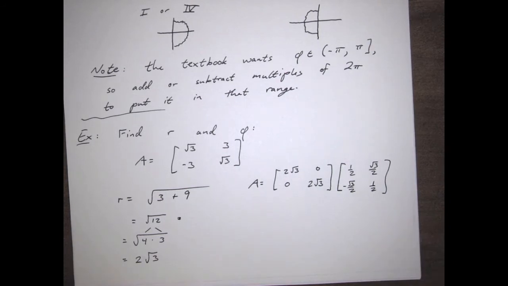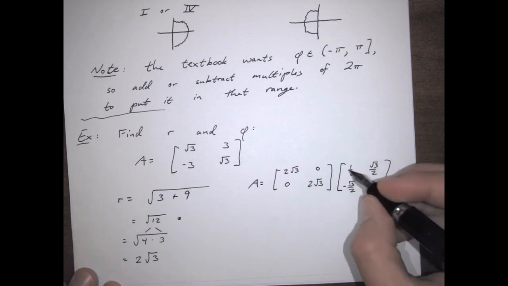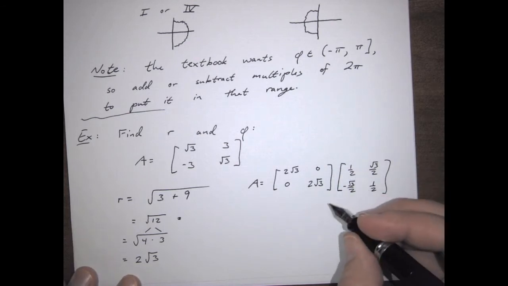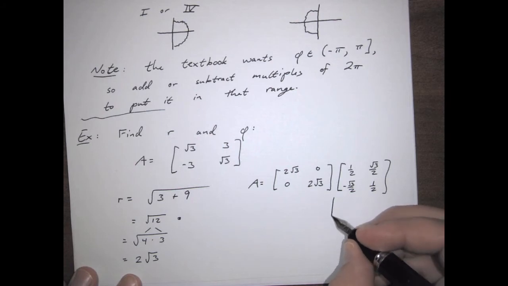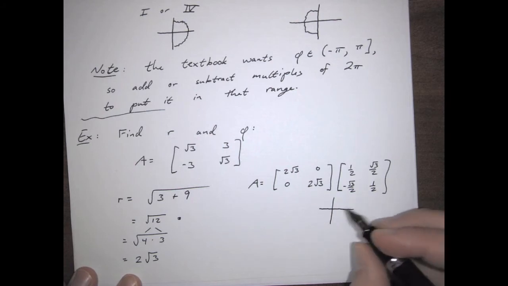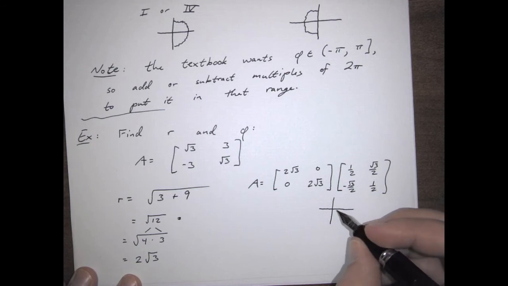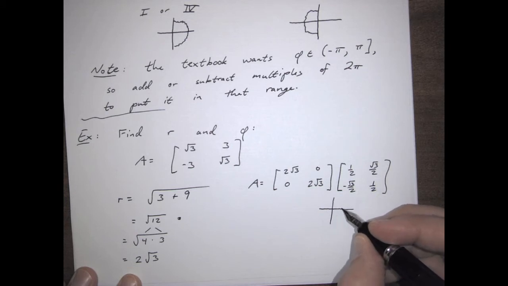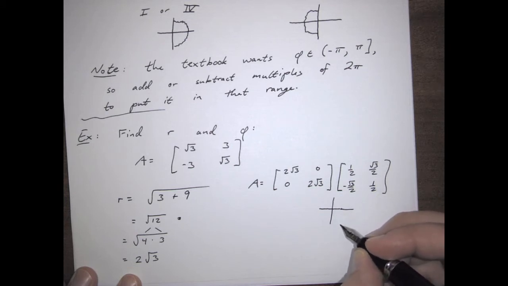Now, 1/2 and root 3 over 2, these are actually familiar numbers to you as far as possible values on the unit circle. So you can actually perhaps even figure this out just by reasoning it out. So we've got positive 1/2 and negative root 3 over 2.